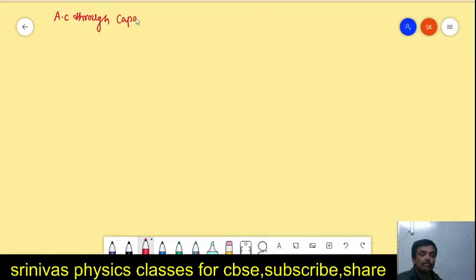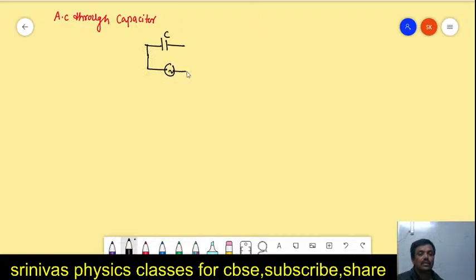AC through capacitor. If you connect the AC to the capacitor, then what happens? Just you see here, this is a capacitor. Capacitance is C. And here I am connecting the AC source to the capacitor. AC source symbol, we know that this is the symbol of the AC source.